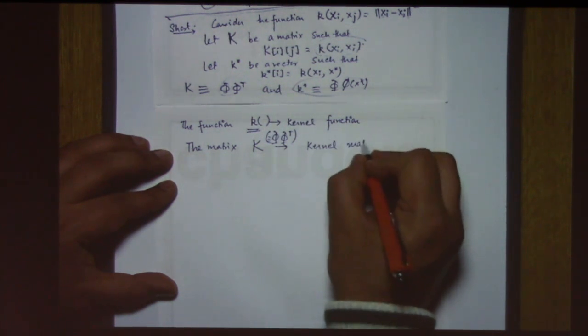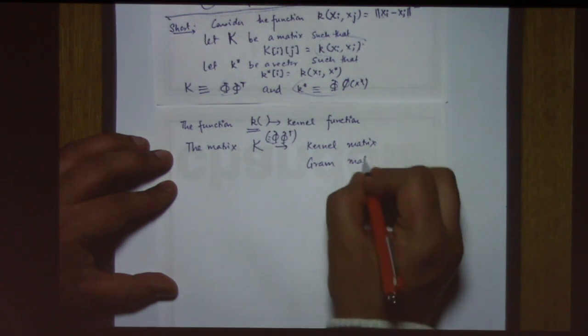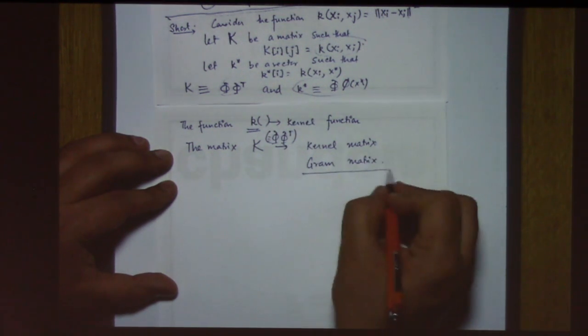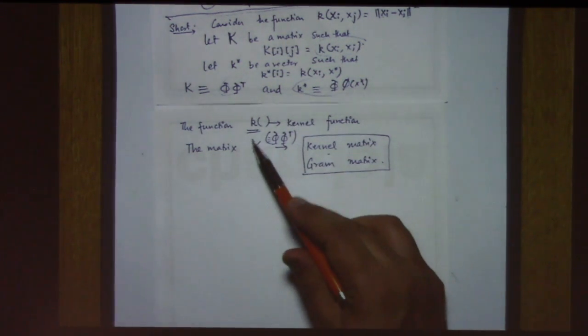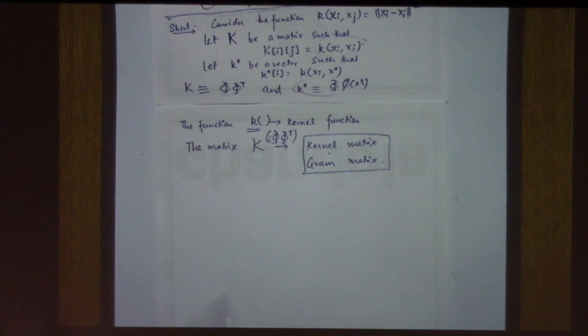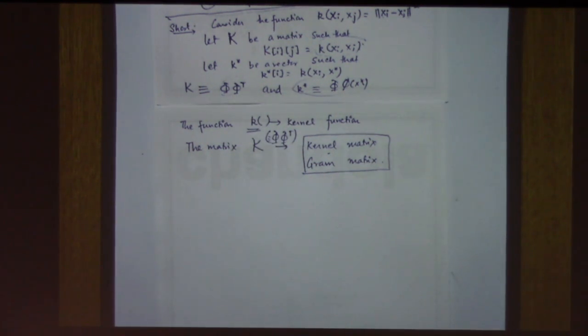Sometimes we also call it the Gram matrix, which I have no clue why, but I think it comes from a more mathematical area. But this K is nothing but a matrix that is built by applying this function k to every pair of objects. All right.